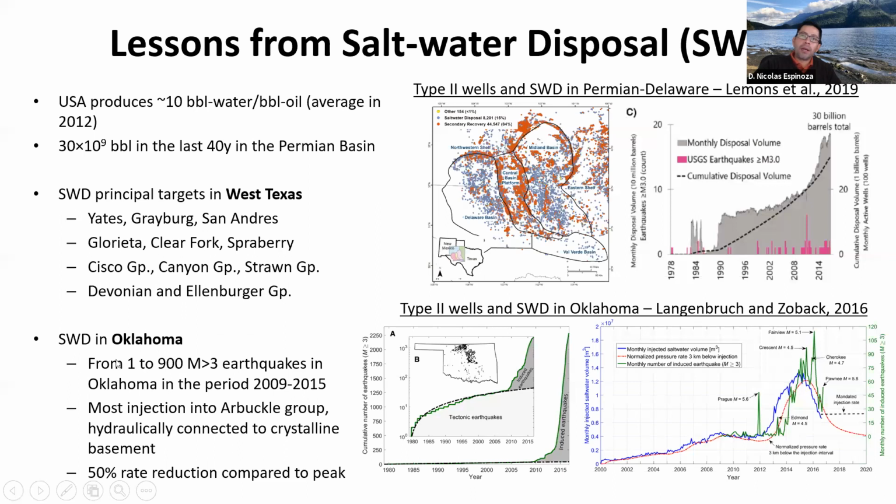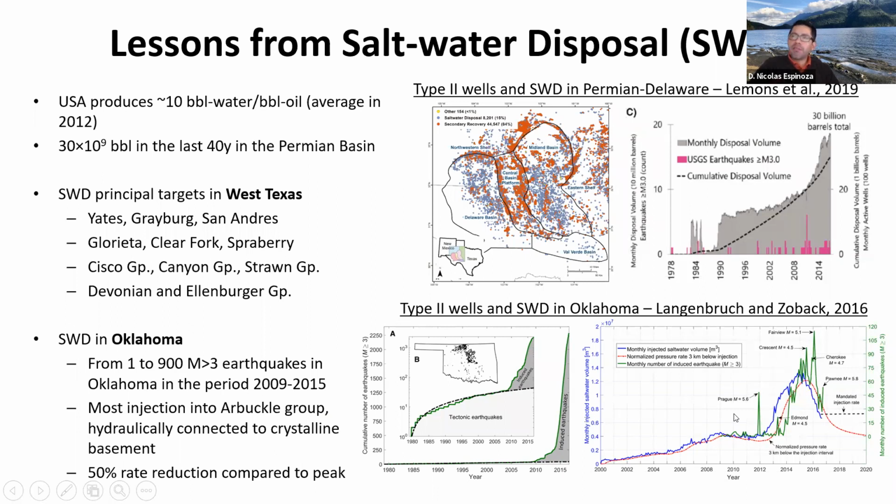But in some cases like Oklahoma, with a different geology, we may have a large number of earthquakes induced by injection of saltwater disposal. Here you can see a very clear correlation of the injected amount of water and the number of earthquakes with magnitude larger than 3.